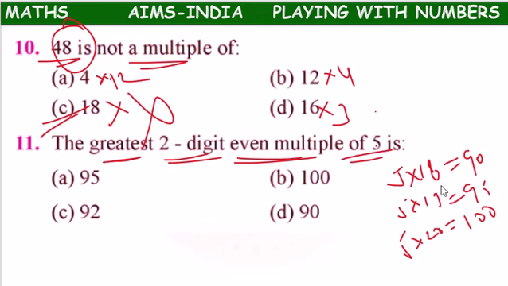So what is the greatest? 18 is an even multiple. 90 is a 2-digit number. 95 is a 2-digit number, but an odd multiple. 19 is an odd multiple actually. So that's why even multiple of 5, greatest 2-digit means 90 we can write. D option, 90 is the right answer.